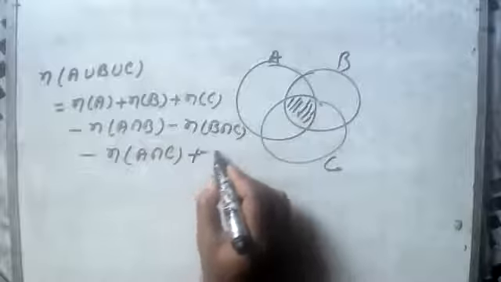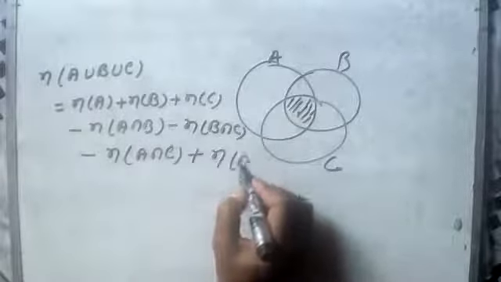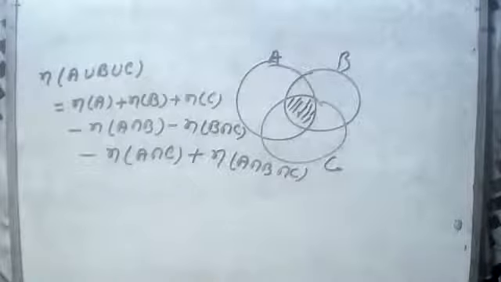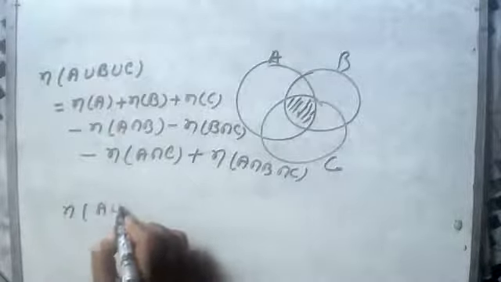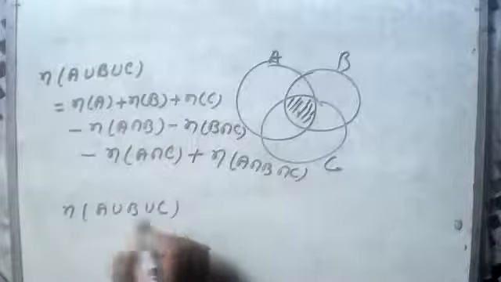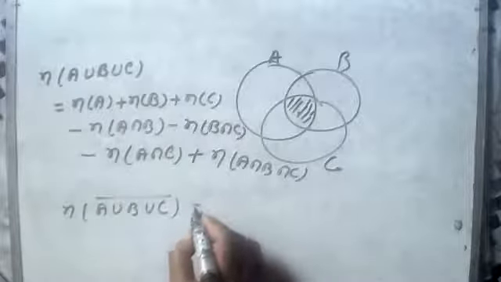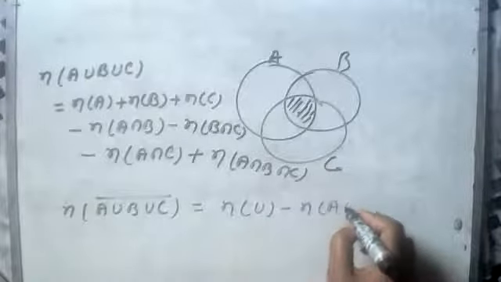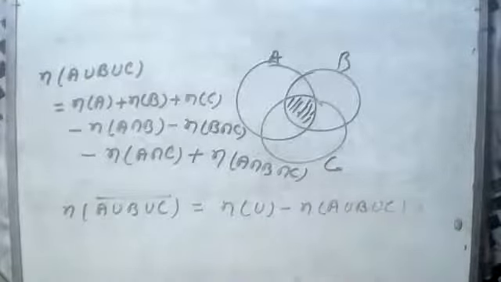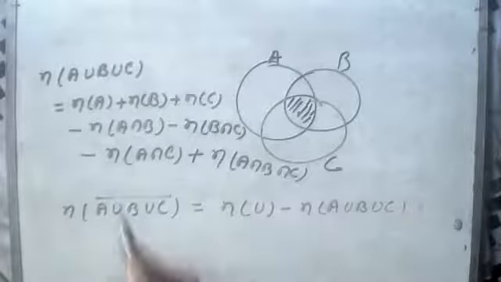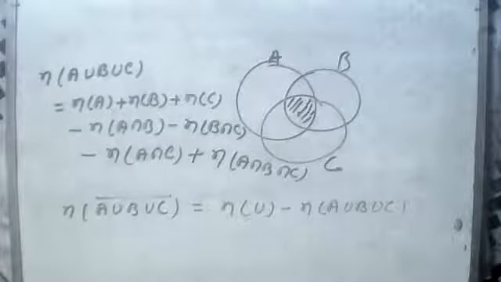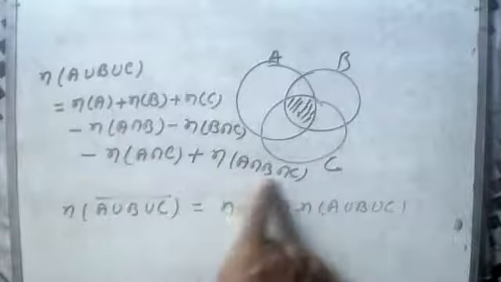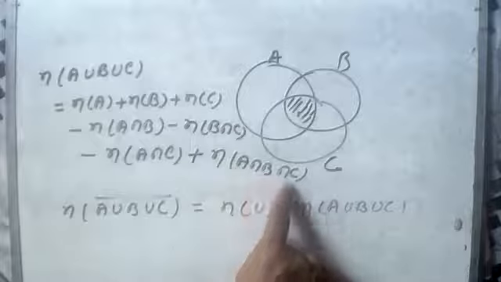Now plus n(A intersection B intersection C). This is the formula. And then n of the complement of (A union B union C) is equal to n(U) minus n(A union B union C). This is the formula to get the union and then the complement. Or you can get this also using the same formula. If this is given, we can get A intersection B intersection C.